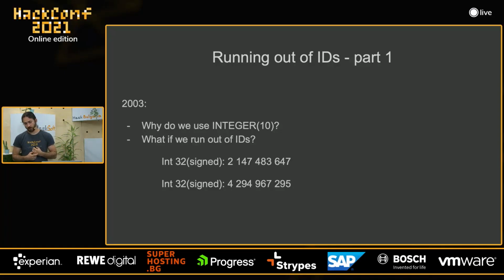So, on my first job, it was 2003, I was talking with some colleagues, and I asked them, okay, why do we use int(10) in MySQL databases? And they explained, okay, that means that we're using 32-bit integers, and they have certain limitations. So I asked, okay, what if you run out of IDs?